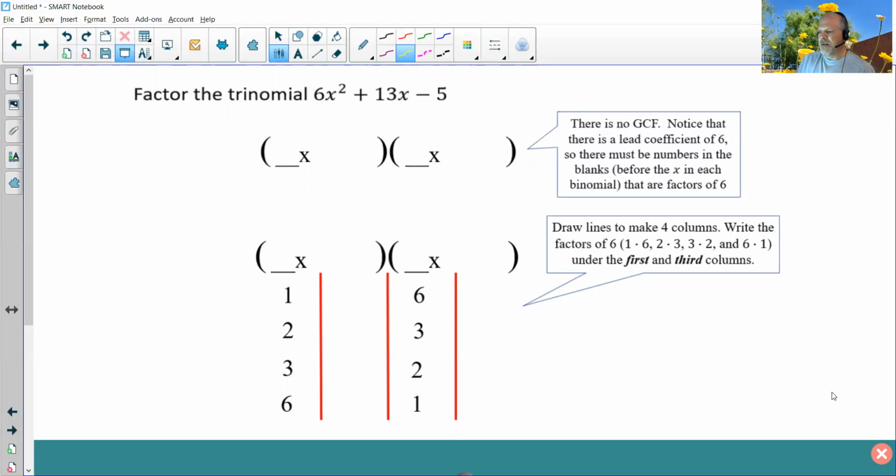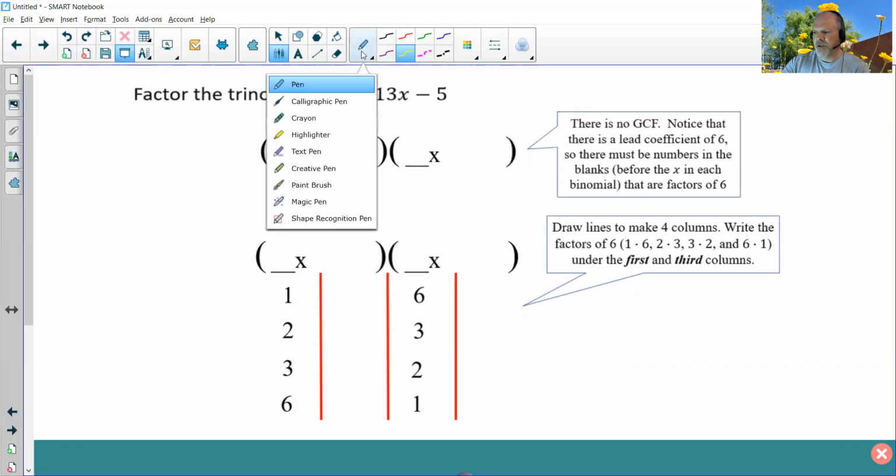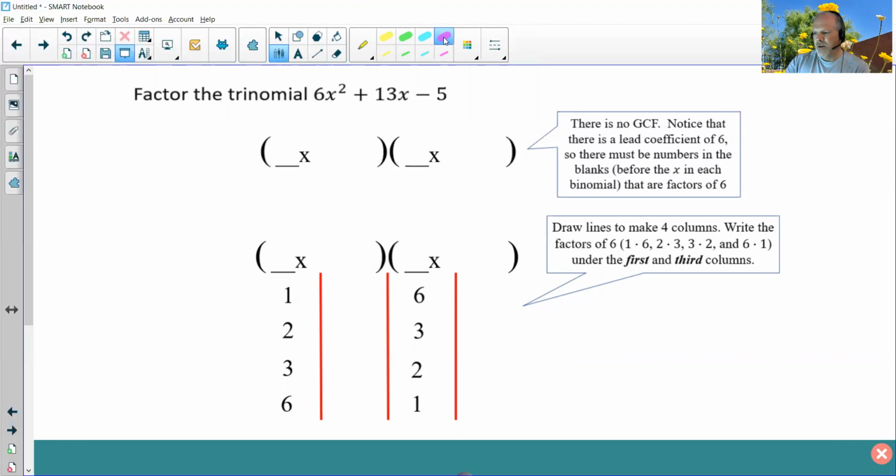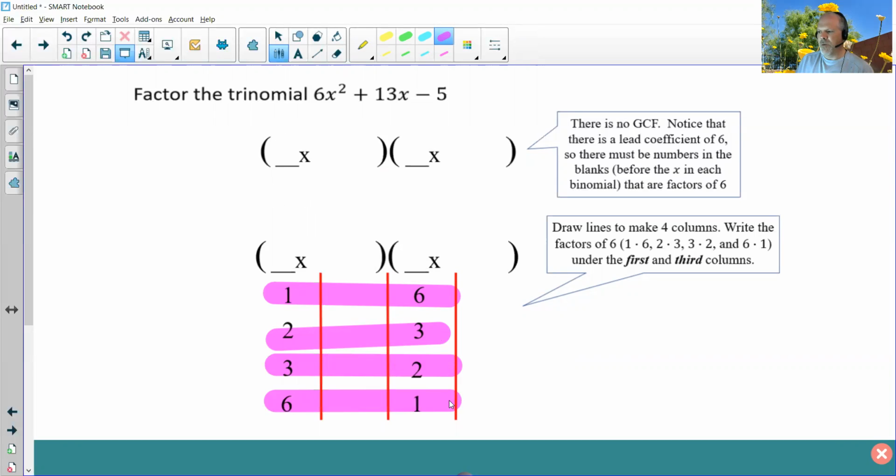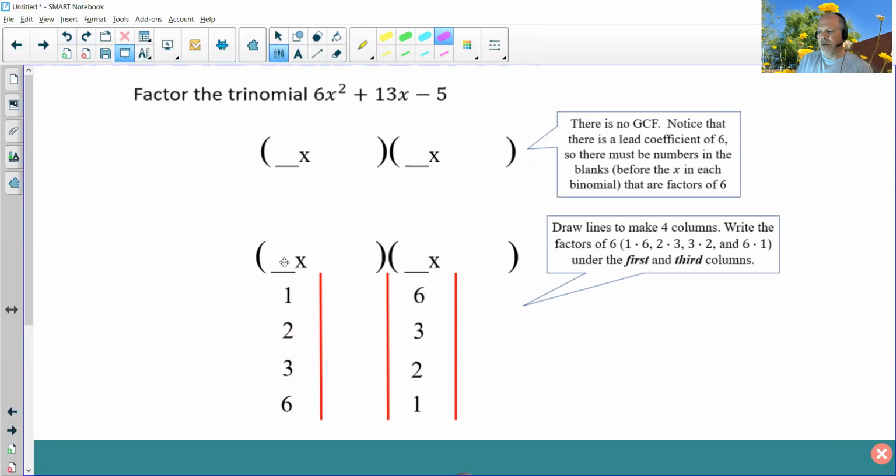Then I listed all of my possible sets of factors: 1 times 6, 2 times 3, 3 times 2, and 6 times 1. So those are my possible sets of factors that could go in these two blanks.